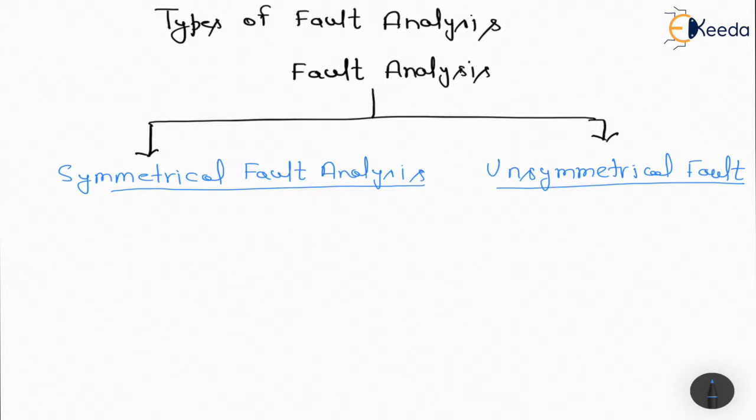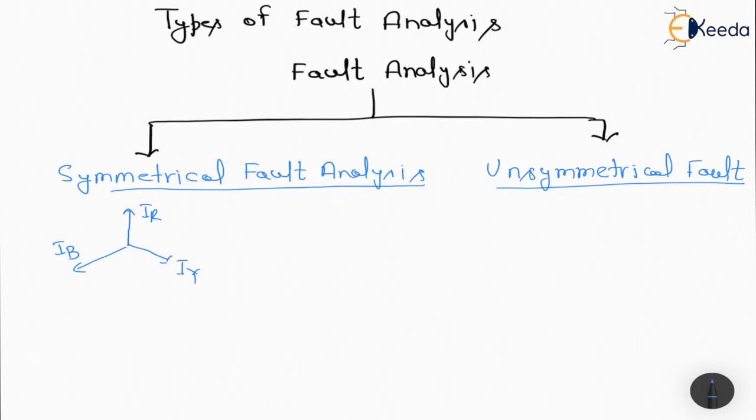First of all, if we have three phases R, Y, B, we can represent this as IR, this is IY, and this is IB.